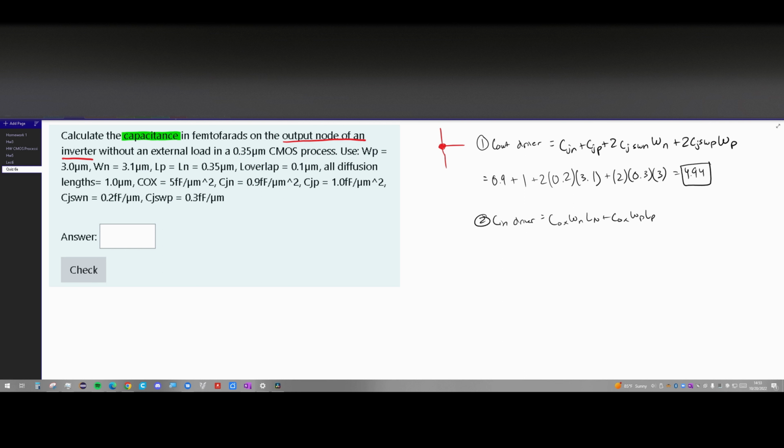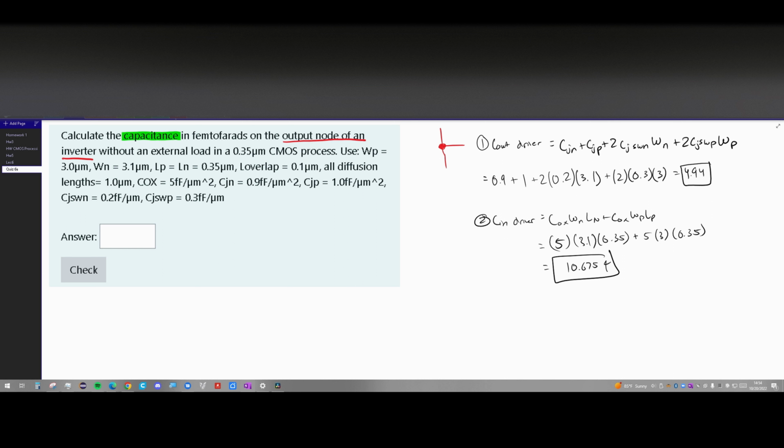That could be a little bit easier, but this is just everything expanded. We have 5 femtofarads for this problem being multiplied by 3.1 micrometers. It's going to easily cancel out when we put in the 0.35 micrometers for our Ln. We are going to have plus our 5 times 3 times 0.35 here. That's just plugging in our values, and this is going to give us 10.675, and this is in femtofarads as well.